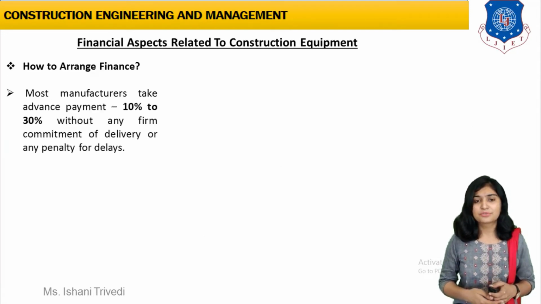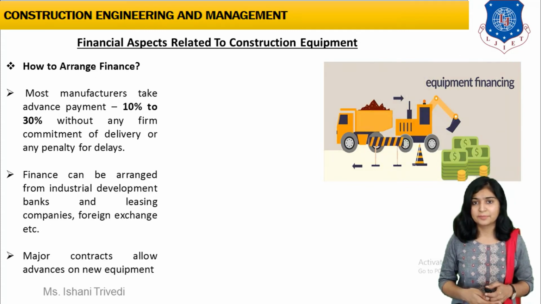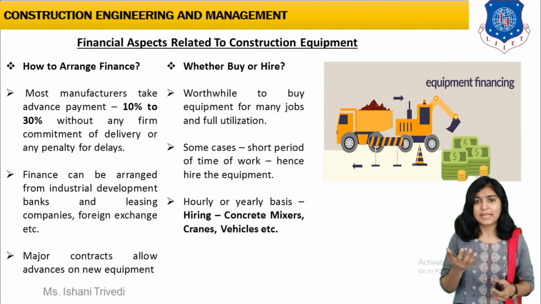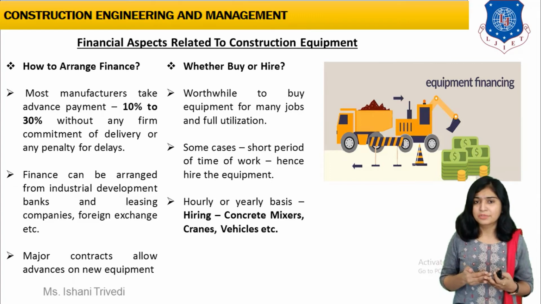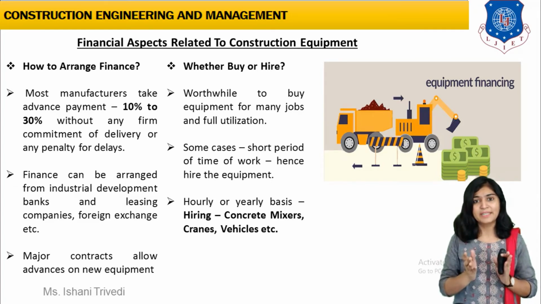Next, students, we are going to talk about the financial aspects related to construction equipment. Now, if I say that I want to build a G+10 building, and you have the list of different equipment required for performing the work, I will give you two options: you can buy the equipment or you can hire the equipment.